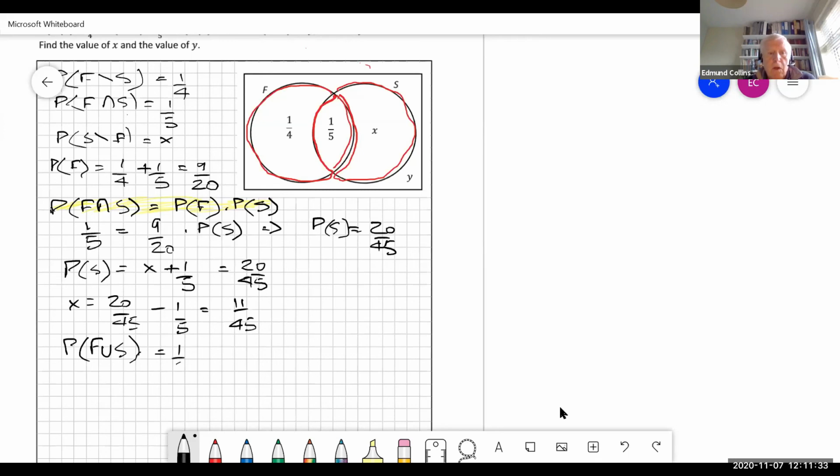So it's 4 over 5 plus 11 over 45. So this part and this part will give us everything in the Venn diagram, which is F union S.